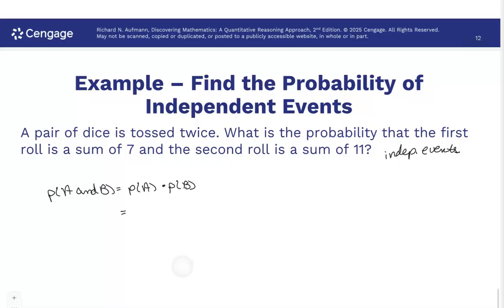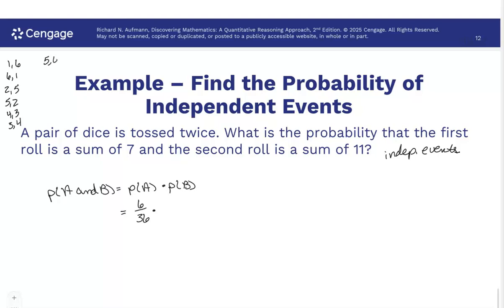So how many ways can I get a 7? If you think back to that sample set for rolling two dice, we could have a 1 and a 6, a 6 and a 1, a 2 and a 5, a 5 and a 2, a 4 and a 3, and a 3 and a 4. So there's 6 ways that could happen out of 36. And then we want the probability that the sum's going to be an 11.